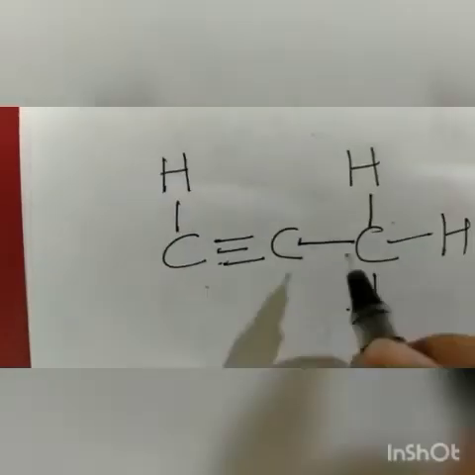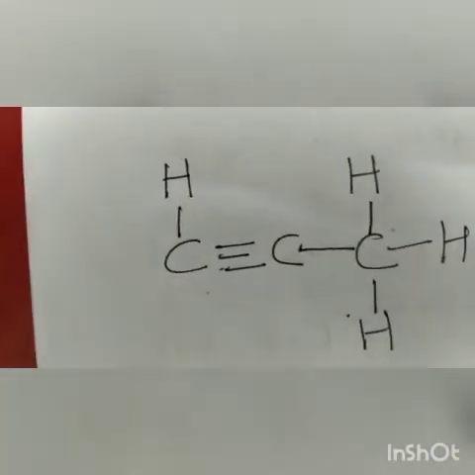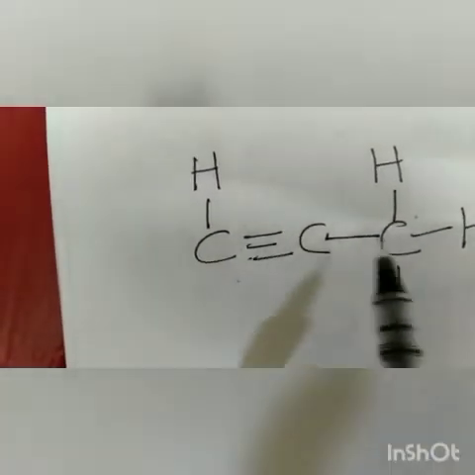So all the 4 electrons are used up in forming bonds with these 2 carbon atoms. Now in the third carbon atom, 1 electron is forming a bond with this carbon atom. How many are left? 3, which will form bonds with the hydrogen atoms. Okay, you can check the formula C3H4.